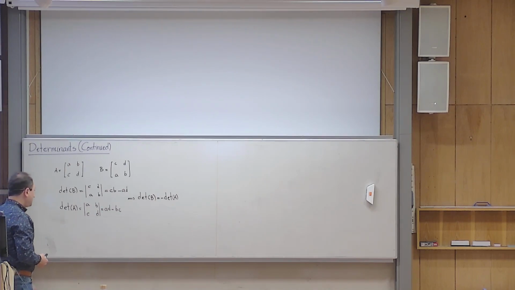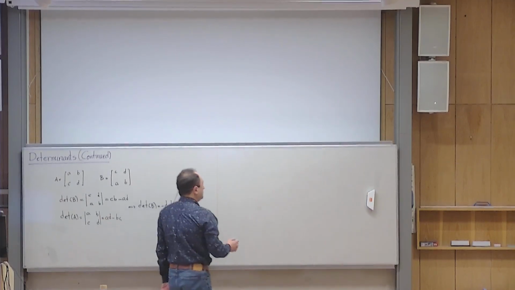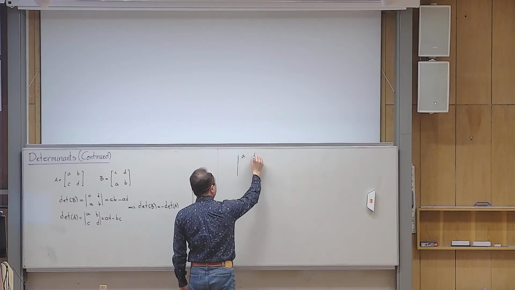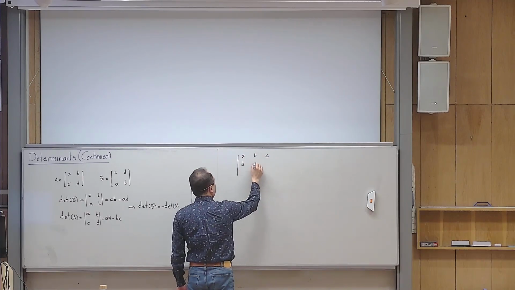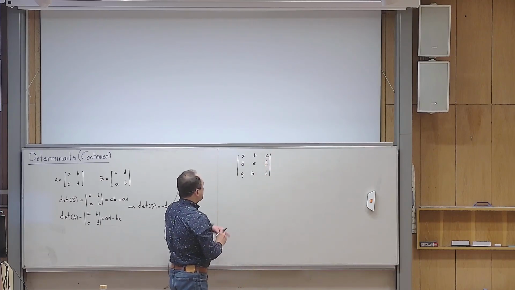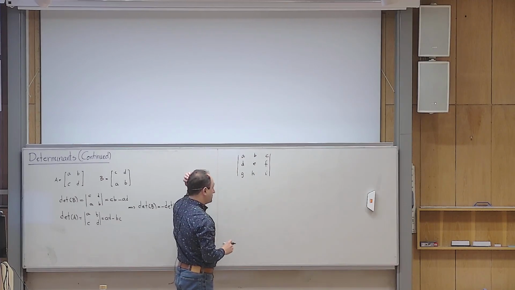To understand it easier, let us try to talk about a 3 by 3 determinant. For example, let us say that I have a determinant A, B, C, D, E, F, G, H, I. It doesn't matter if you interchange these two rows, or these two rows, or even these two rows that are far away from each other.